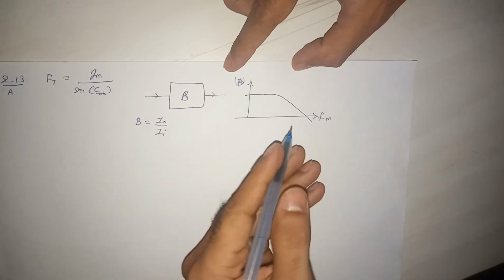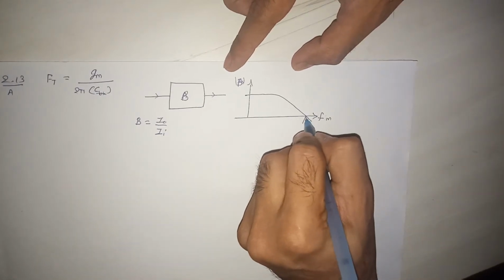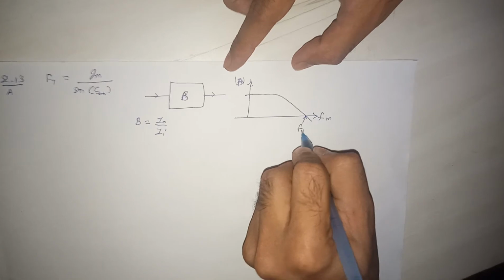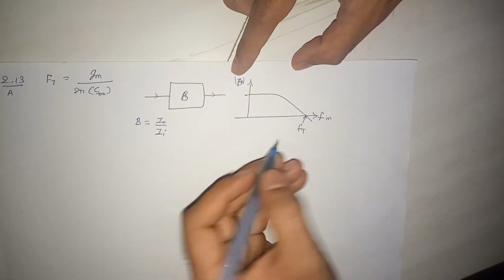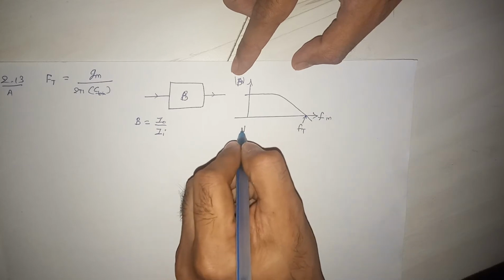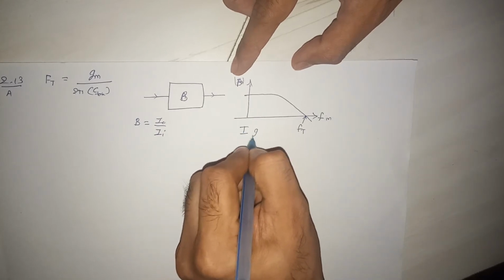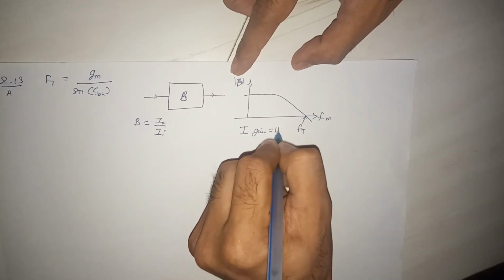Let's say this is your graph. So this is your fT, the frequency at which your current gain is unity.